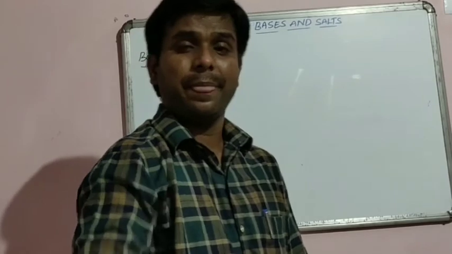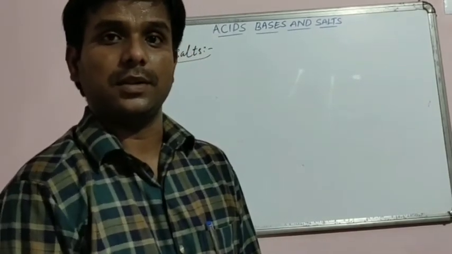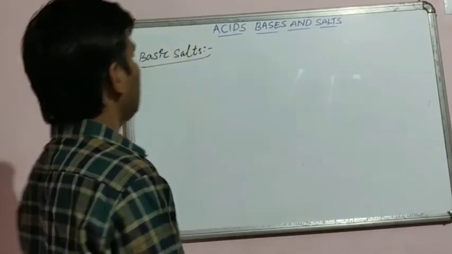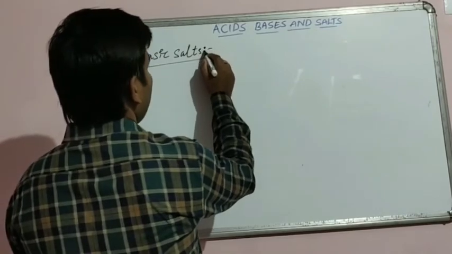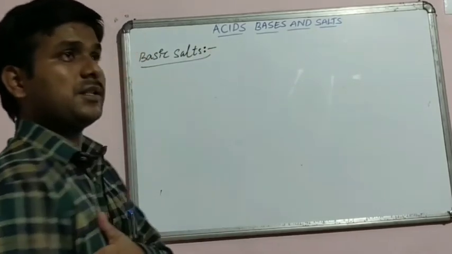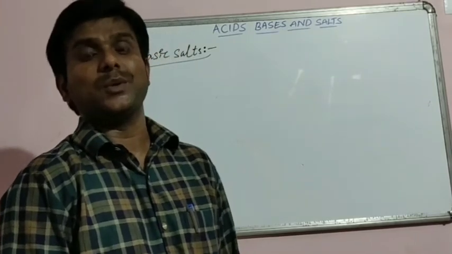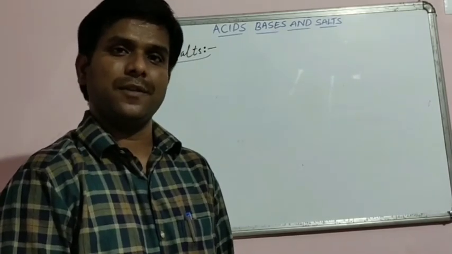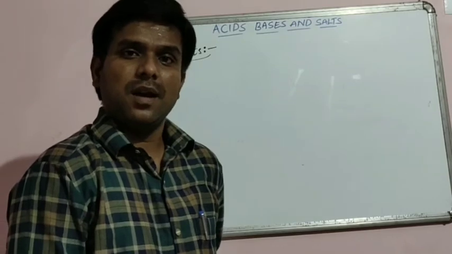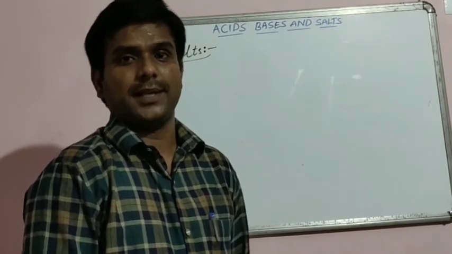What is the definition of basic salt? Here it is the same idea as how acidic salt is formed. Acidic salt is partial neutralization of hydrogen ions of an acid with a metal ion.